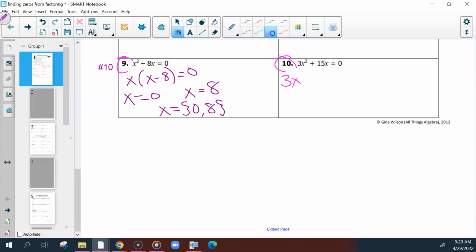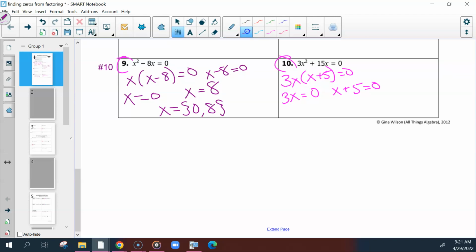So if we factor out 3x, x plus 5 is left, then we would take both factors and set them equal to 0. We divide it by 3. I should have done that for this one too.